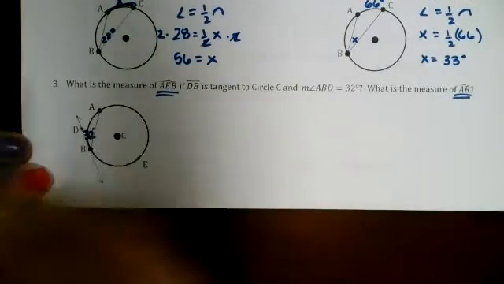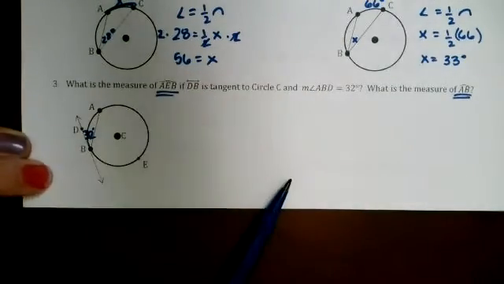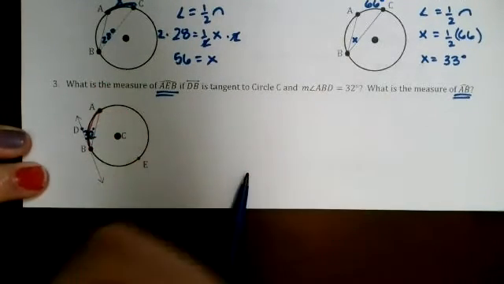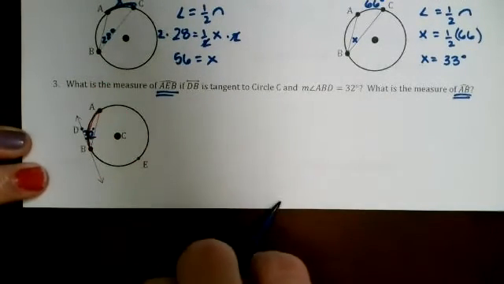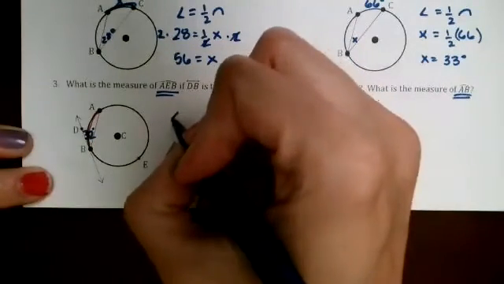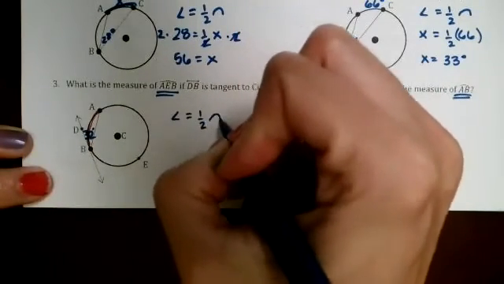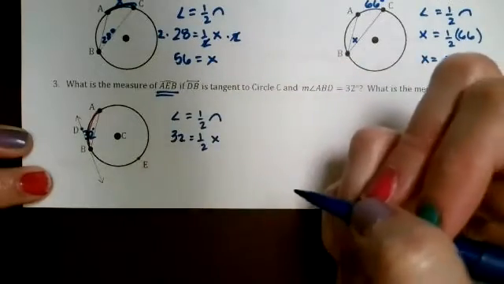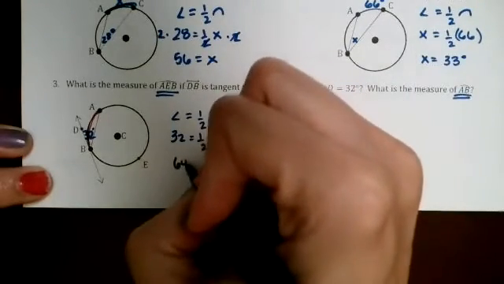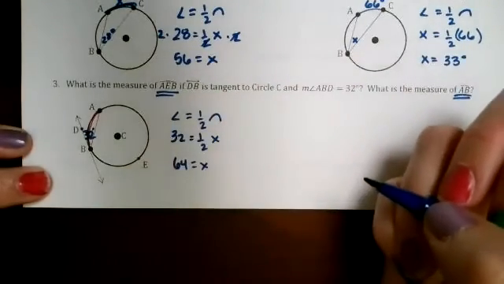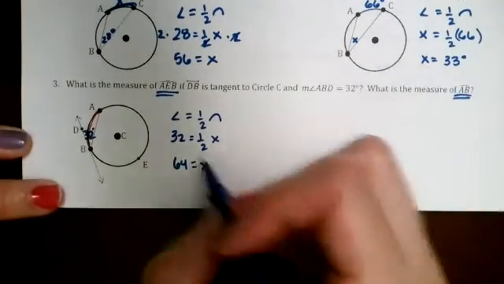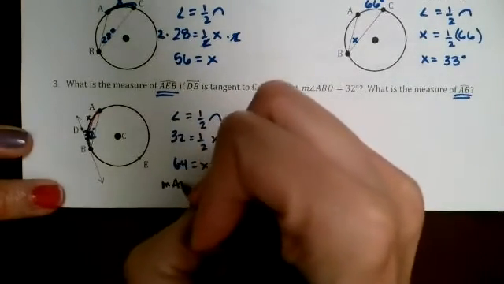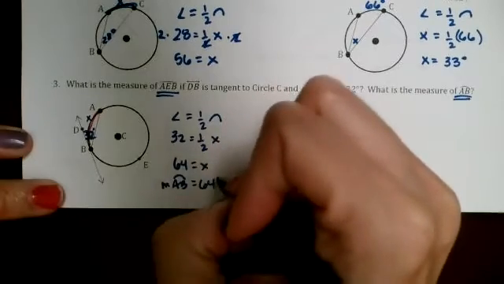So AB, we can use that 32 to help us find AB, because AB is the part that's intercepted by the tangent and the chord. So same formula, angle is equal to half the arc. So 32 is half of something. Multiply both sides by 2, so 64 is X. So in this case, our X out here was AB. So the measure of AB is 64 degrees.